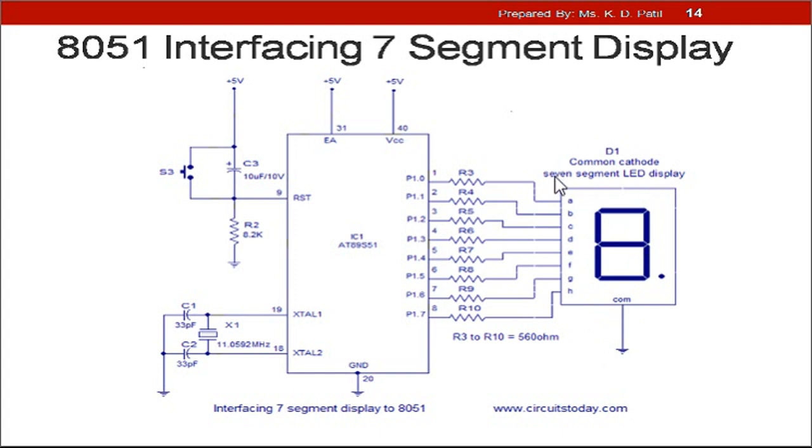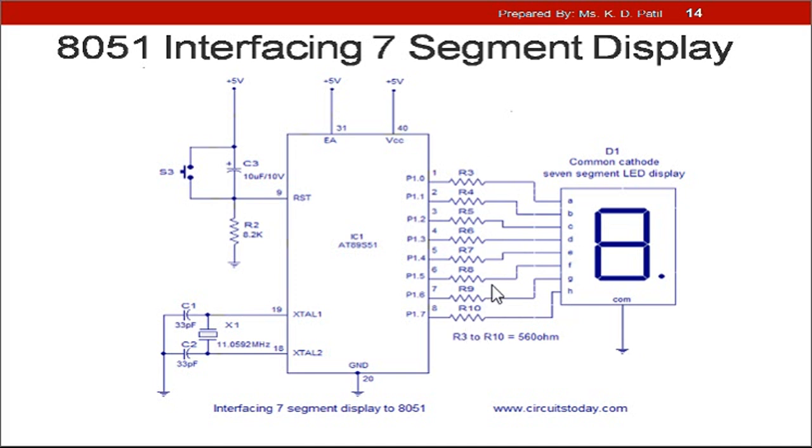And here it is a COM. As we have used a common cathode 7 segment LED display, this COM port is connected to the ground. If you are using a common anode configuration, then in that case this COM port will be connected to the +5 power supply or +5 voltage. Now these 8 pins of the microcontroller are connected to the 8 segments of the display, and these resistors are used.